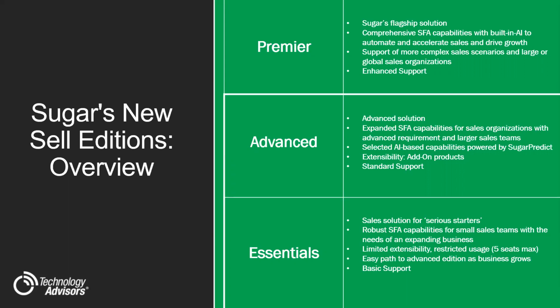You can add them to your license base as needed, and there are no changes to the support you receive. Then with Premier, that's what Sugar is gearing towards as their flagship product. It essentially rolls up all of the add-on products that are in the market today. That's all going to be rolled up into Premier, and we can touch on that in more detail on our next slide.